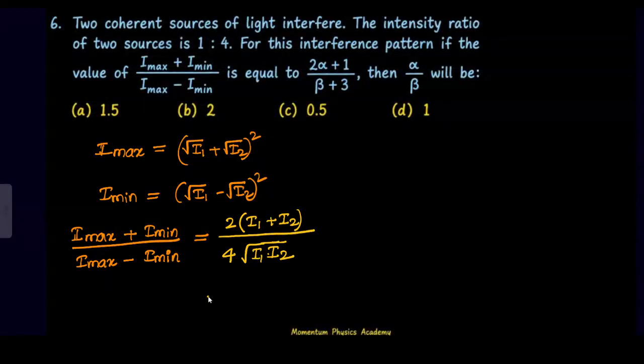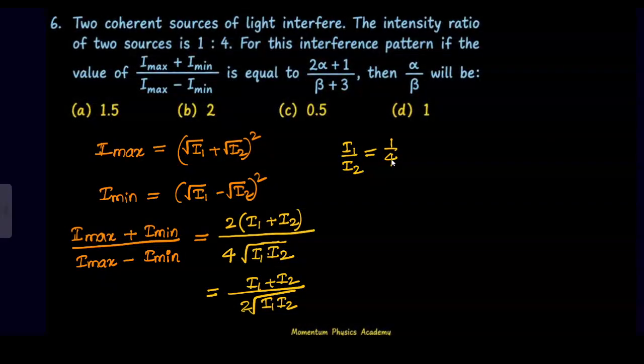So this is nothing but I1 plus I2 by 2 into square root of I1 I2. The ratio of these intensities is given, I1 by I2. They have given it as 1 by 4.